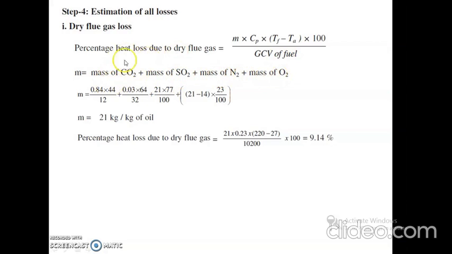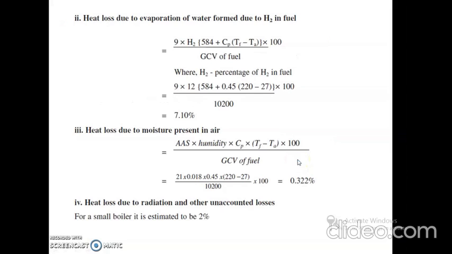So the mass of all the elements of the flue gas, or the flue gas composition, is the addition of all the masses in the flue gas, calculated and then substituted here, and you find that this M, which is the mass of the dry flue gas, is 21 kg per kg of fuel. After substituting the value of this mass of dry gas in this equation, you get the percentage heat loss due to dry flue gas, which comes to be 9.14%.